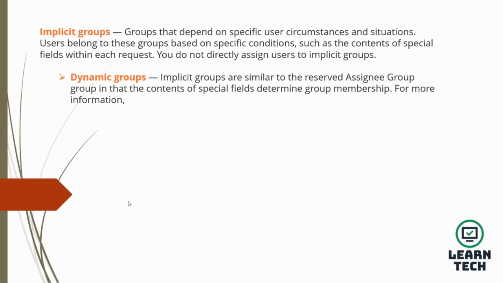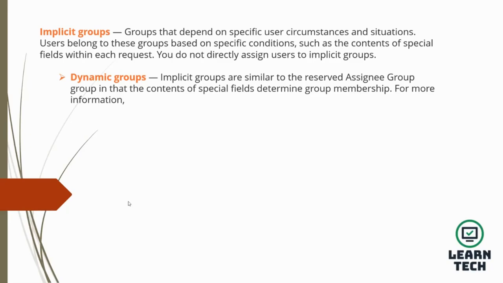For example, if 10 records are created, 5 will be accessible to one user, and 5 will be accessible to another user. They will not be able to see each other's data. But for dynamic groups, we will take this separately because this is a big topic and you need a different set of understanding for it. So for today we will see the groups.